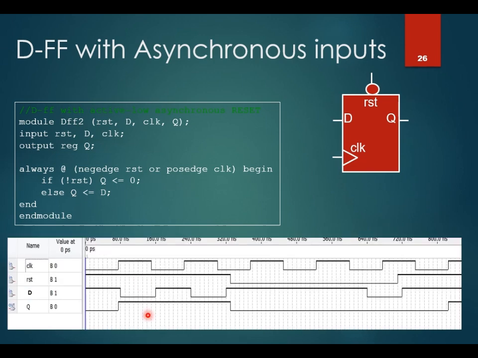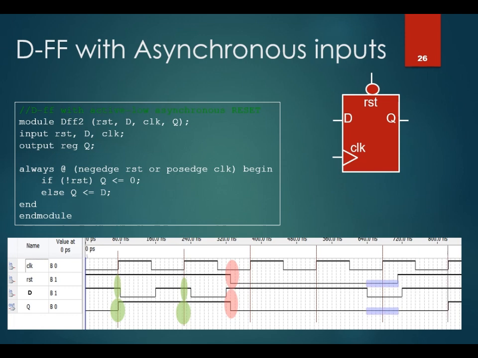This is shown in this simulation waveform, where without reset, the clock rise will transfer the value D equal to 1, just before the clock rise, to Q. As you can see from the green highlight, when non-reset, the clock rise will transfer D to Q. But when reset happens, Q immediately becomes reset.